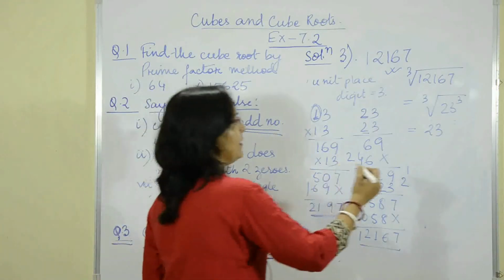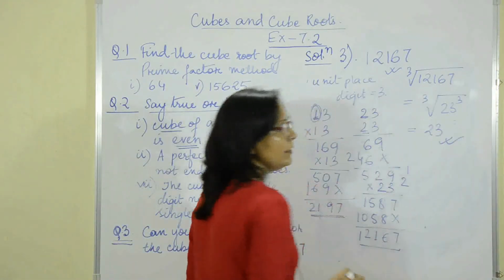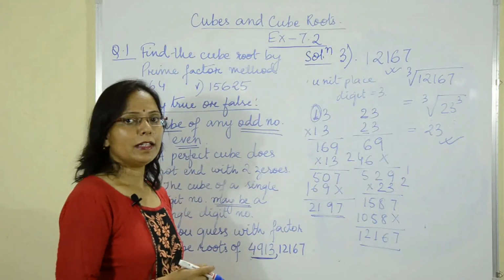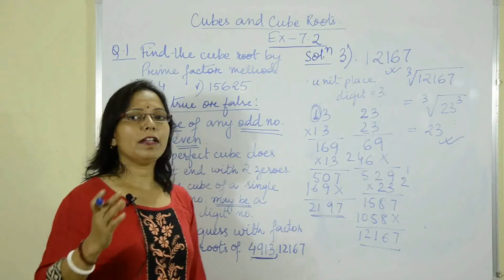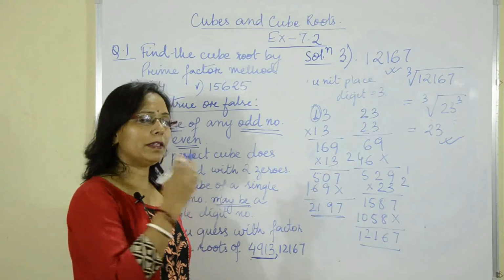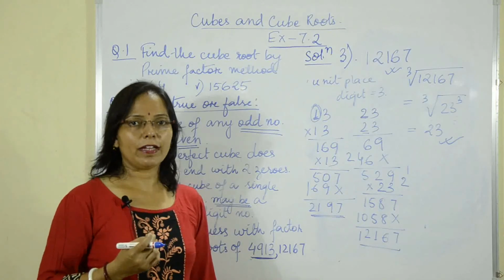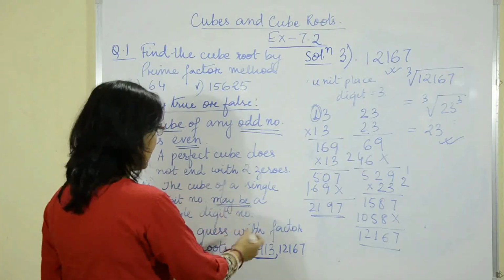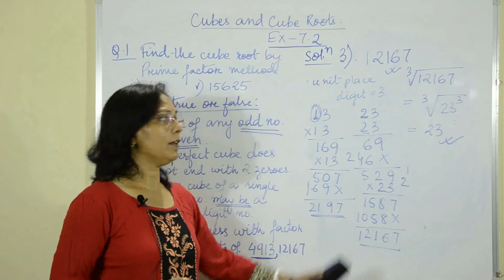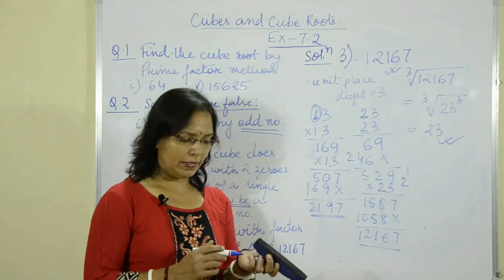So, this is another method of finding the cube root, right. Now, I will tell you that generally when the question comes, you better prefer going by the prime factorization method. If such type of questions come, then you will have to abide by this.